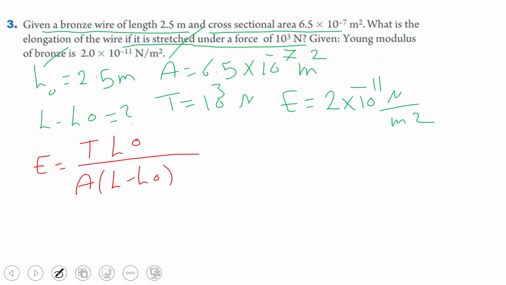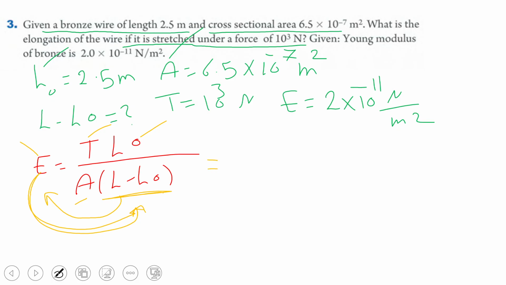Guys, look. We have all: the Young modulus, L naught, T, and the area. You have to find L minus L naught. Switch the places, change the place with the Young modulus. This L minus L naught comes in the place of the Young modulus, and the Young modulus comes in the place of the elongation.